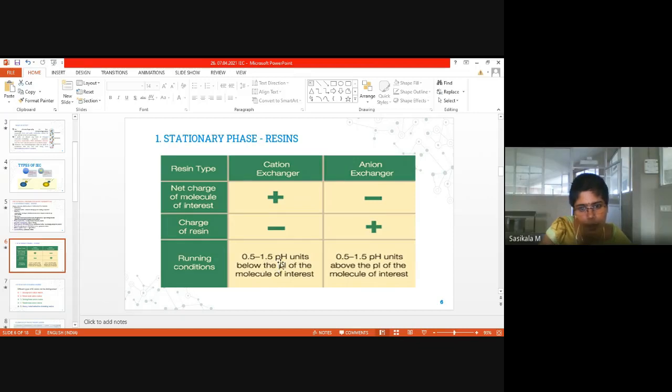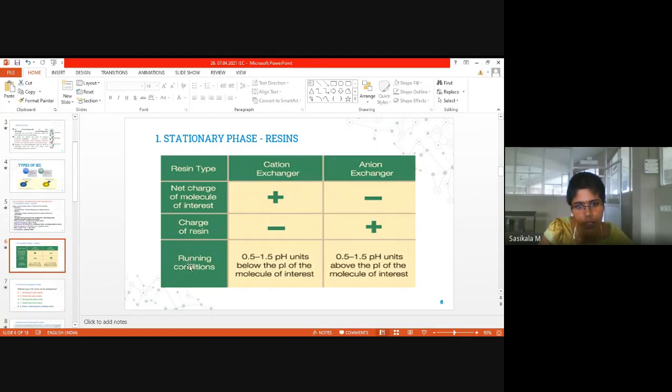And if you take 0.5 or 1.5 pH units or 1 unit away from this PI value, that means below this PI value, then the pH acts as acidic pH, so the cations can be separated by using this pH. Got it? Cations are nothing but acids. So we need to maintain acidic pH for separating these cations.